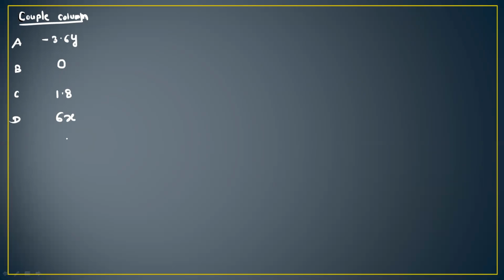Now if you refer this column, then again there are two unknowns. One is minus 3.6 into y, and second is 6x. Okay. But there are only three vectors to draw the couple polygon, because this vector is 0. So first vector is for A, second vector is for C, and third vector it is for D. Okay.